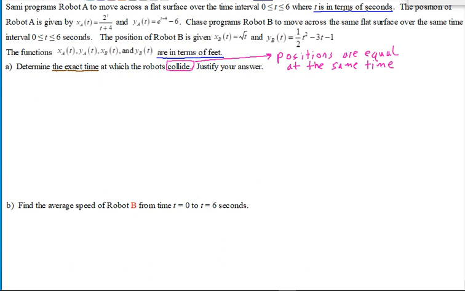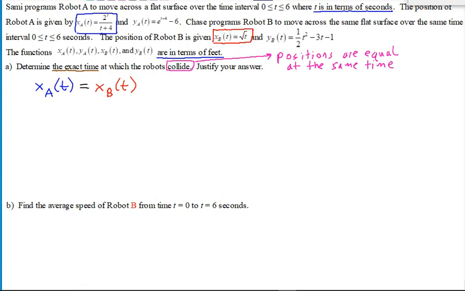So let's start with the x-coordinates. That means x sub A of t, the x-coordinate of robot A, which are given right here, would have to equal x sub B of t, the x-coordinate of robot B right here.